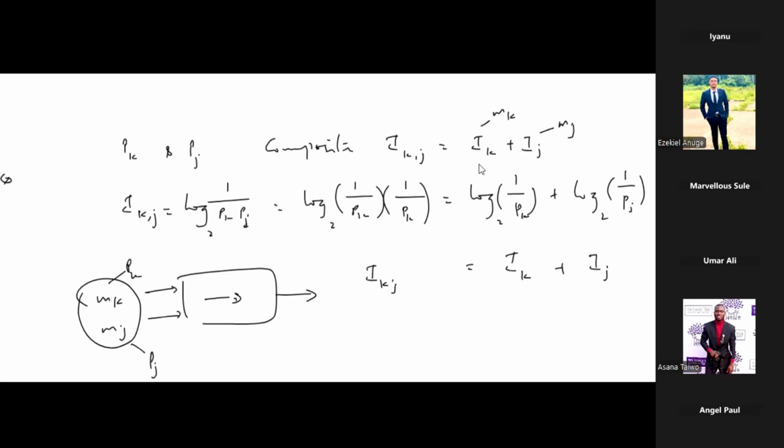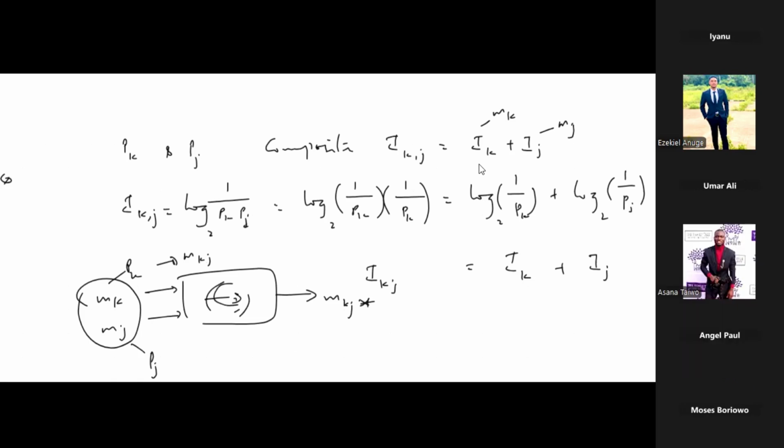And you recall from your analysis that at the end of the day, this being m sub kj will be m sub kj convolving with the response of this system. Say, let's just call it Z, okay? Z being the noise. So this is what we are going to get at the output, Y, okay?